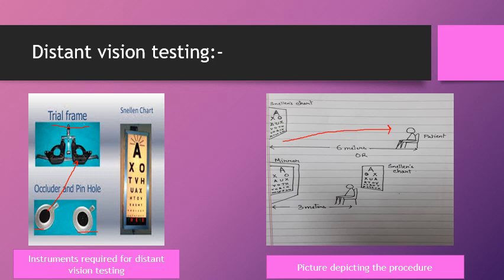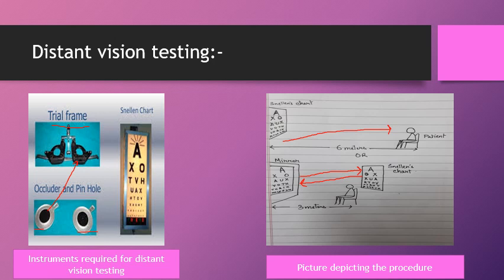The Snellen's chart in this diagram is at 6 meters distance. If we do not have enough space for 6 meters, what we usually do is place the Snellen's chart right behind the patient where the patient is seated, and there is a mirror in front of the patient where the reflection of the Snellen's chart can be seen.